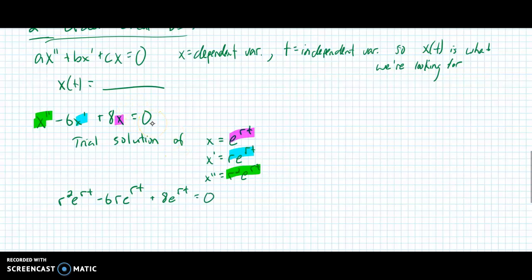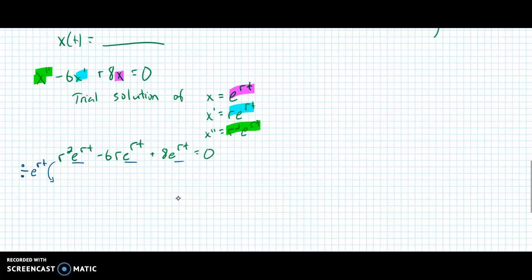So it looks kind of complicated at first until you recognize that that term, that term, that term, all of them have an e to the rt. So I can divide everything on both sides by e to the rt. When I do it on the right side, I just get 0 over e to the rt, so it's still 0. And that gives me something that's really nice. r squared minus 6r plus 8 equals 0.